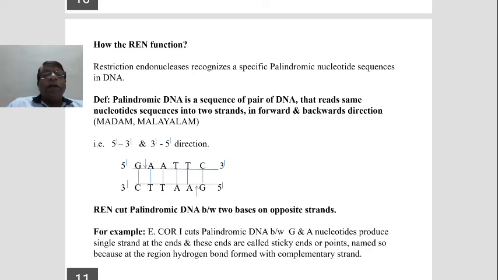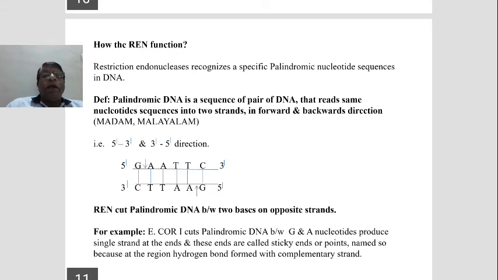Similarly, there is one palindromic DNA molecule. See the diagram. One strand of DNA having 5' GAATTC 3'. The opposite complementary strand having 5' GAATTC 3'. This is palindromic DNA.